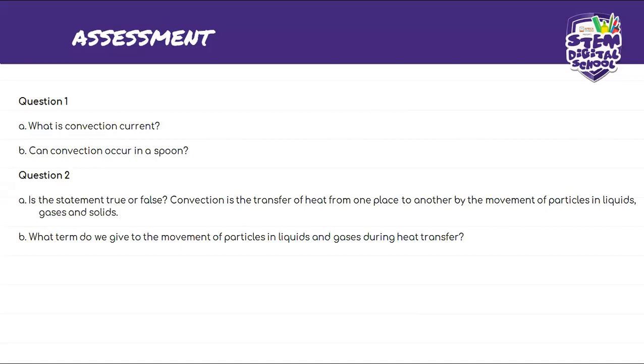What is convection current? Can convection occur in spoons? Can convection occur in liquids?